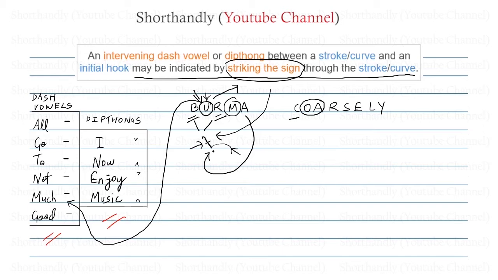So we have this K consonant, this R, and then the rest of the letters, and here we get the sound of O. So for now we'll just leave the vowel and put this O vowel in the end, right? Because we learned that we always put the vowel in the end. So let's write the word coarsely like this.